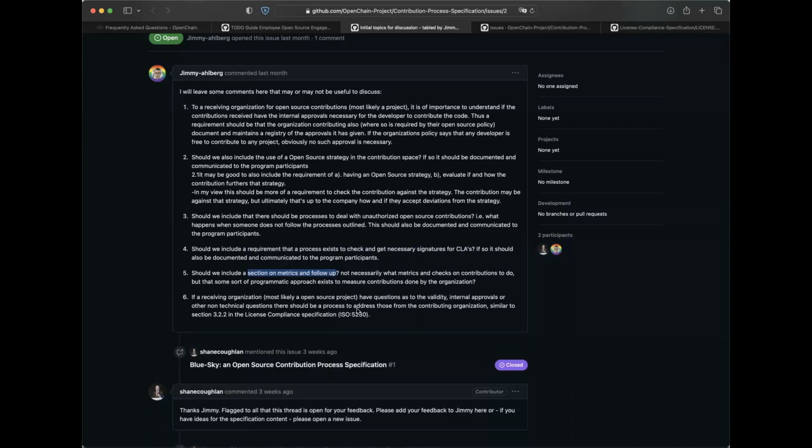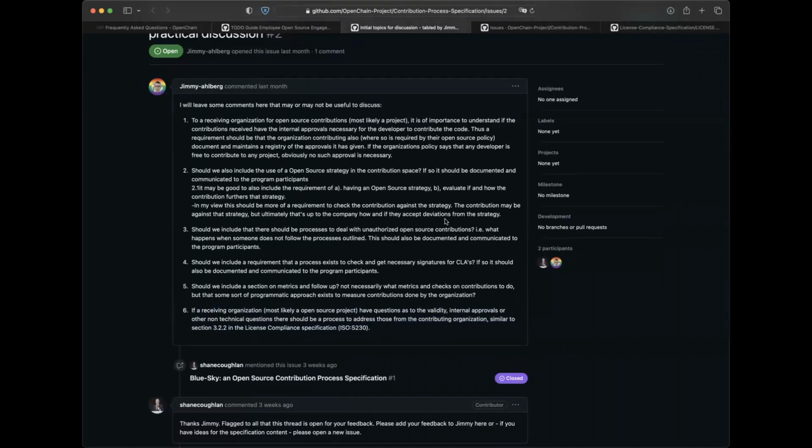And, should there be something where a receiving org, a project, can double check validity? In other words, if company A contributes to project B, but project B might have a concern, can they go back to company A to double check validity and internal approvals? So, these are the initial comments for discussion, the type of things.